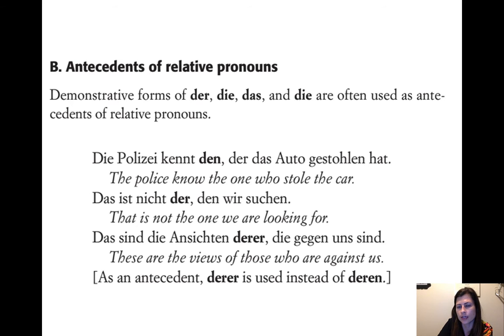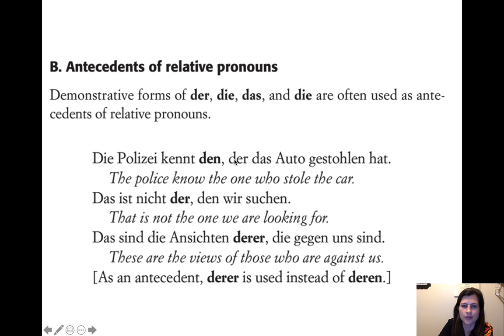It's like, eine Bäckerin ist eine Frau, die Brot backt. So, Frau, die Brot backt. A woman who bakes bread. So who bakes bread describes the woman, right? You can see a relative clause as a really long adjective that's actually a whole sentence.